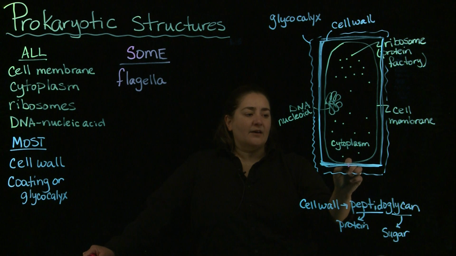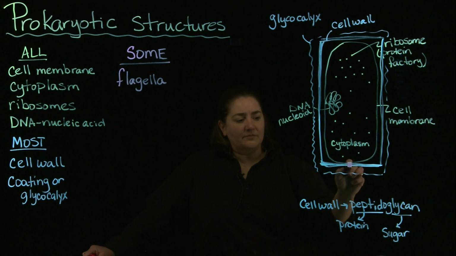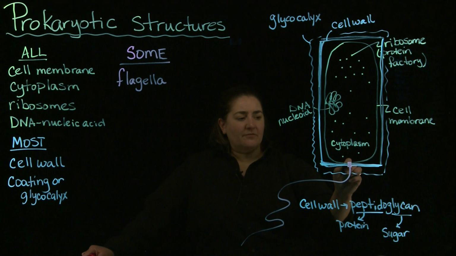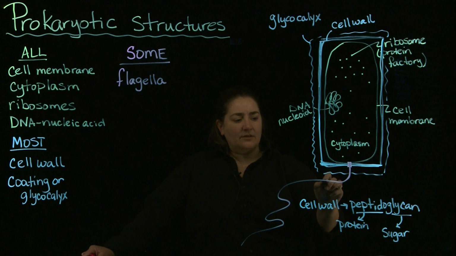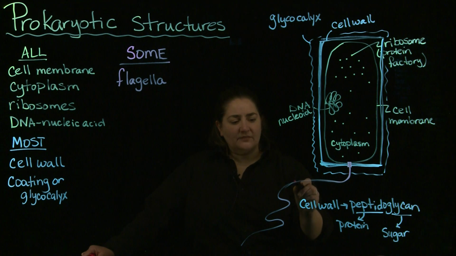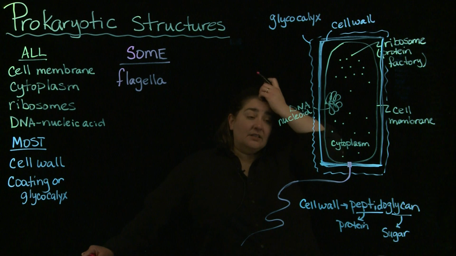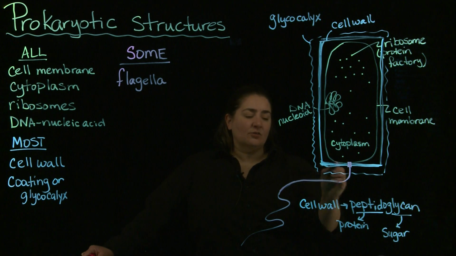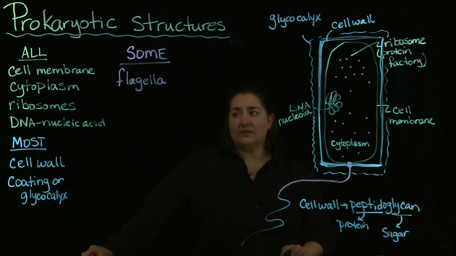So that flagella will be anchored in the cell wall and will come off of the bacteria, like so, all right. What I've drawn here is a single flagella, all right.